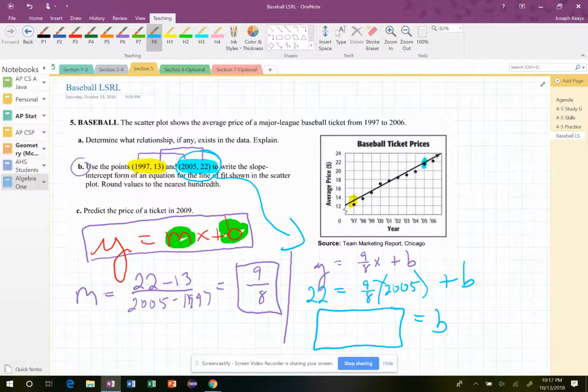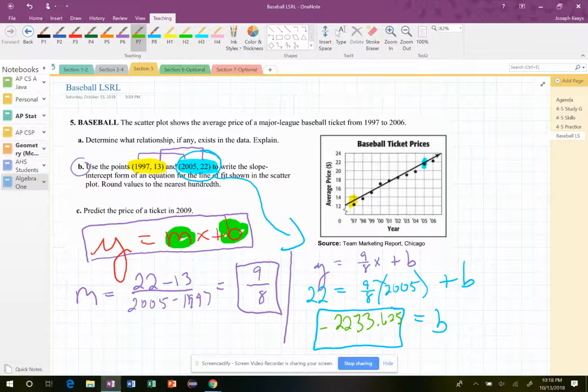So I'm going to pick up my calculator right now. And I'm going to go 2005 times 9 divided by 8. I'm getting 2,255.625. And then I'm going to subtract that from 22. I am going to get this number right here, negative 2233.625.